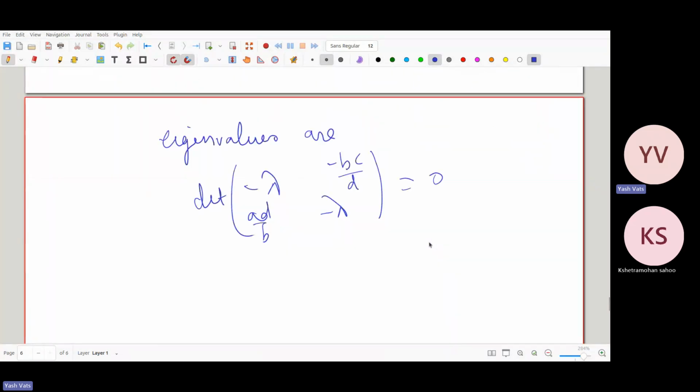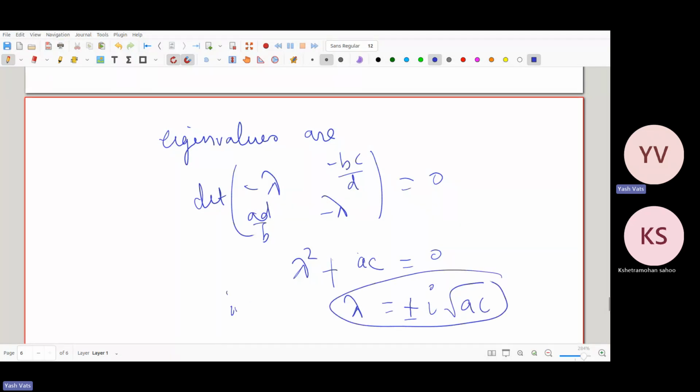So that is lambda squared plus ac equals 0. So lambda is plus or minus i root(ac). So those are imaginary eigenvalues.